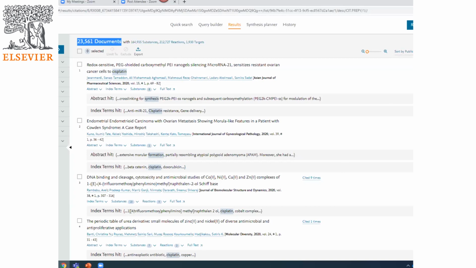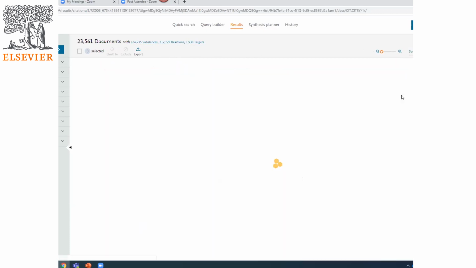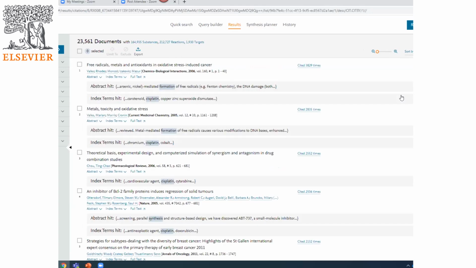What else is available on this document result page? You can sort them differently, for example by relevance, by publication year, which is automatic, by document type, and even cited by. If you would like to know the most cited article about cisplatin, you can sort by cited by and see this number.